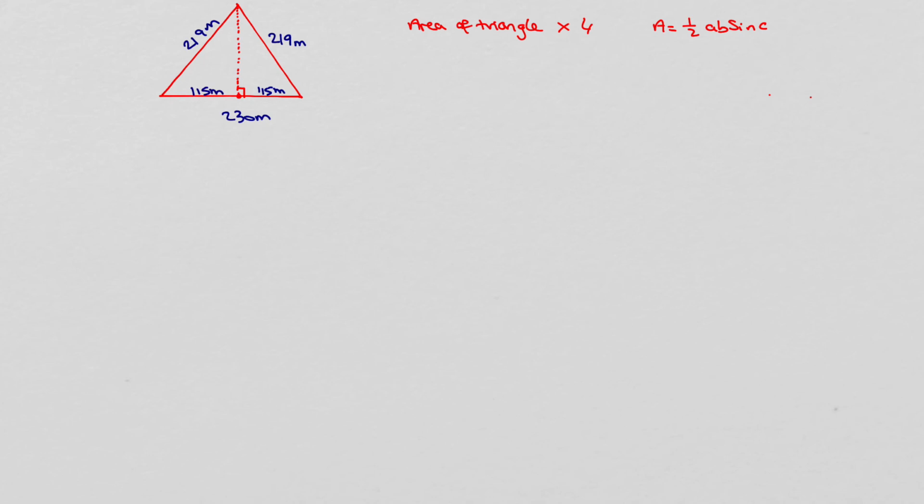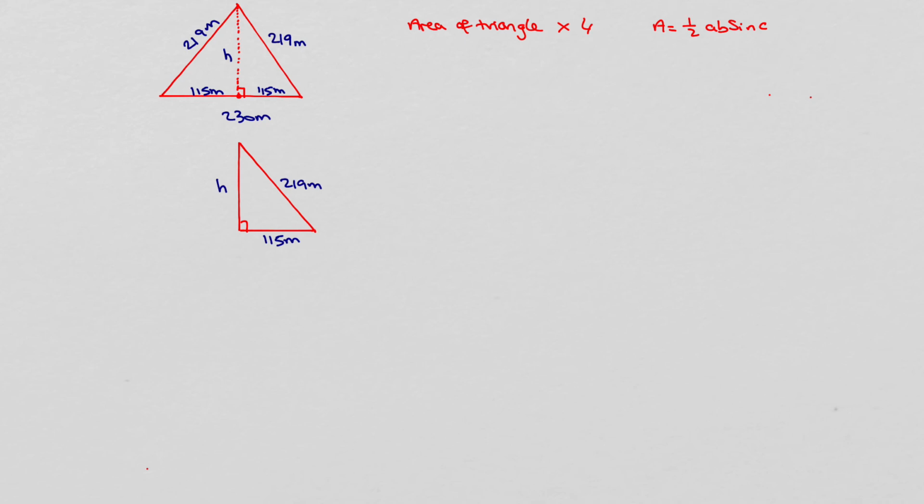So now what you can see is that if I work out using Pythagoras, let me take that triangle out. Well, now I could get H. I have 115 metres, 219 metres. And by working out H, this is going to be much easier than using the cosine rule, because I can get half the base by the perpendicular height, and again multiply it by 4.